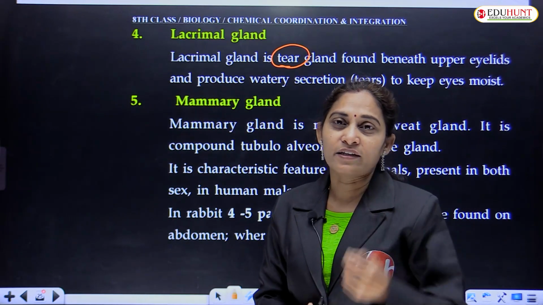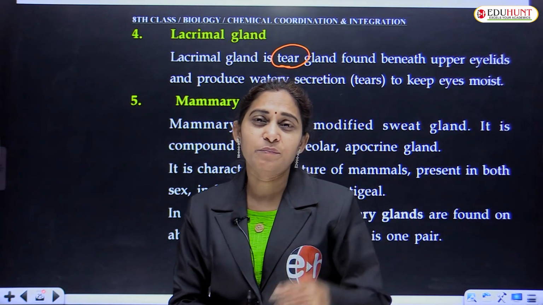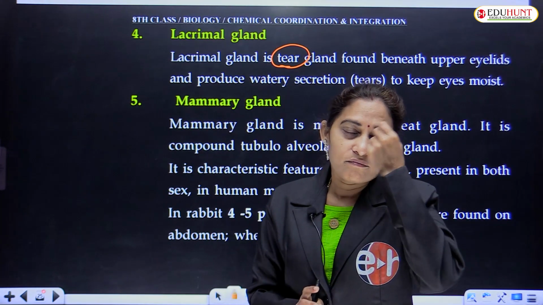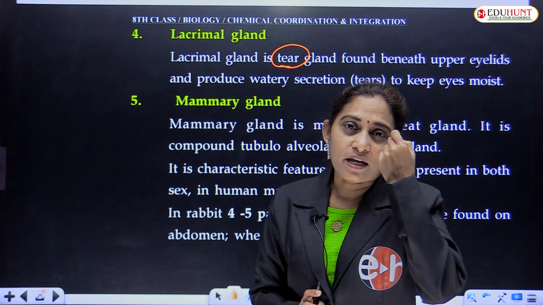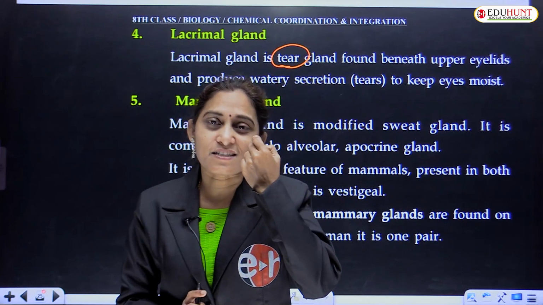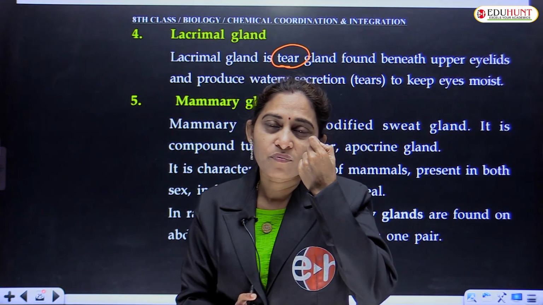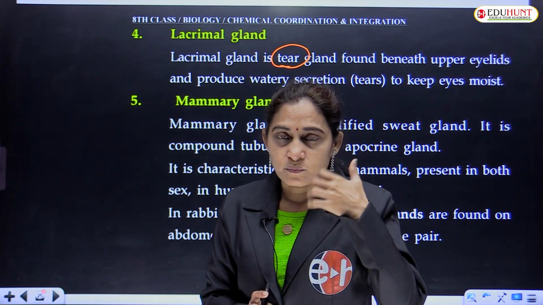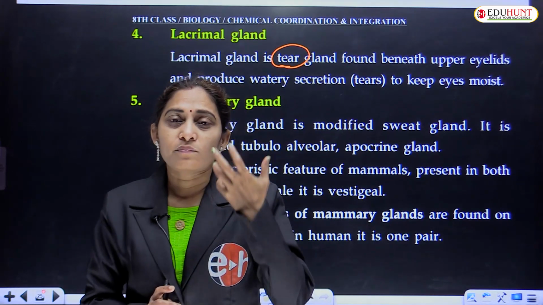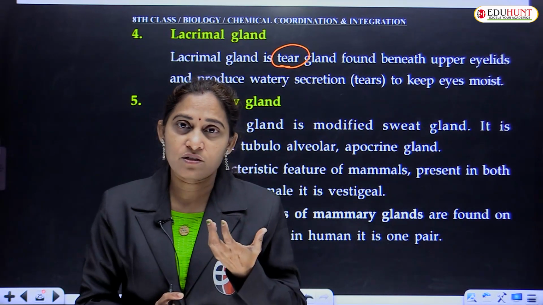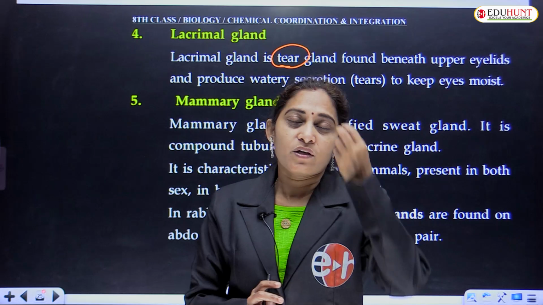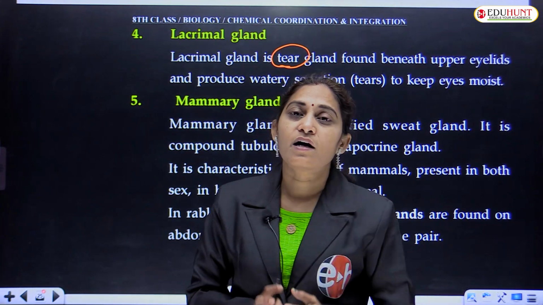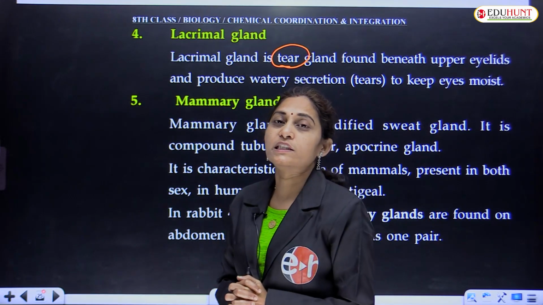Whenever there is a dust particle that enters the eye, immediately we blink our eyes. And with that blinking, the secretions increase. The gland secretes more, and to remove that dust particle, the lacrimal gland secretes more tears, more watery secretions, and the dust particles will wash out from the eye through tears.